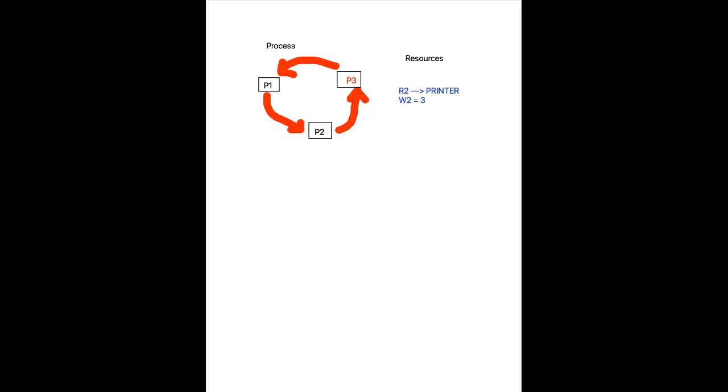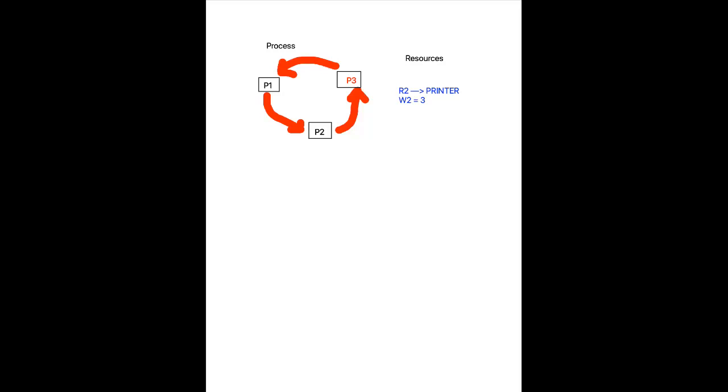So let me repeat the same part I mentioned on this slide. Graph G is G is equal to V comma E, where V is the set of vertices and E is called the set of edges. Now, V is partitioned into two types.